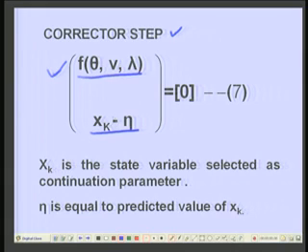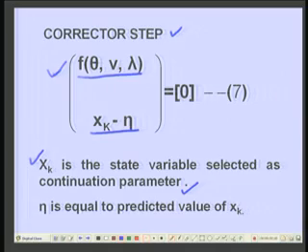This equation is written as xk minus eta equal to 0. This is a very important point: xk is the state variable selected as the continuation parameter. What are the state variables? All the phase angles, all the bus voltages, and lambda. They are the state variables here.